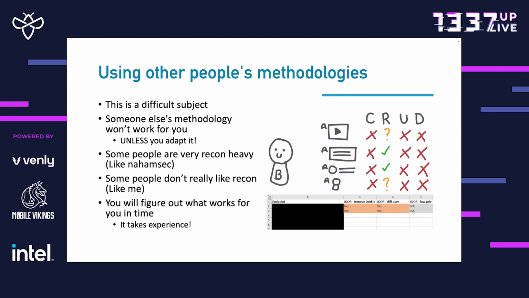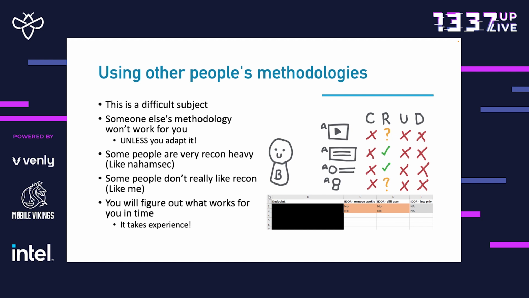But some people like me, I don't really like recon. My background is in programming, but I used to be a web developer. I used to be making these applications, not hacking them. So for someone like me, I really like to focus on the business logic side of things. I think to myself, if I had made this, how would I have done it wrong?